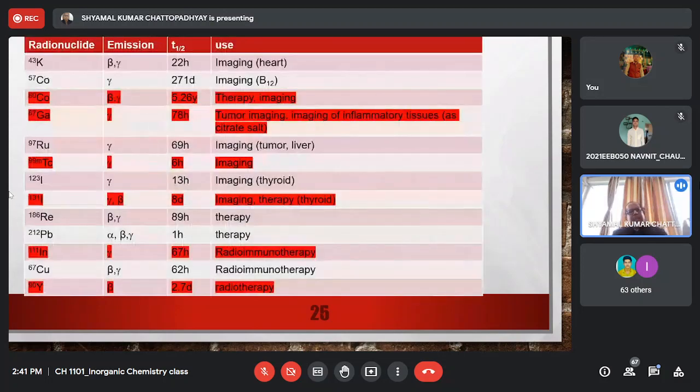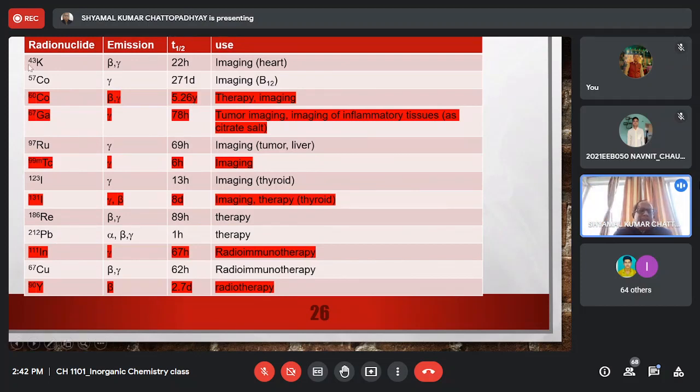So, keeping this in mind, we have tabulated some of the most important radionuclei which are used as radiopharmaceuticals and their uses, and among them some of these nuclei I have marked with red. All of them are important, but those radionuclei marked with red are most often used.